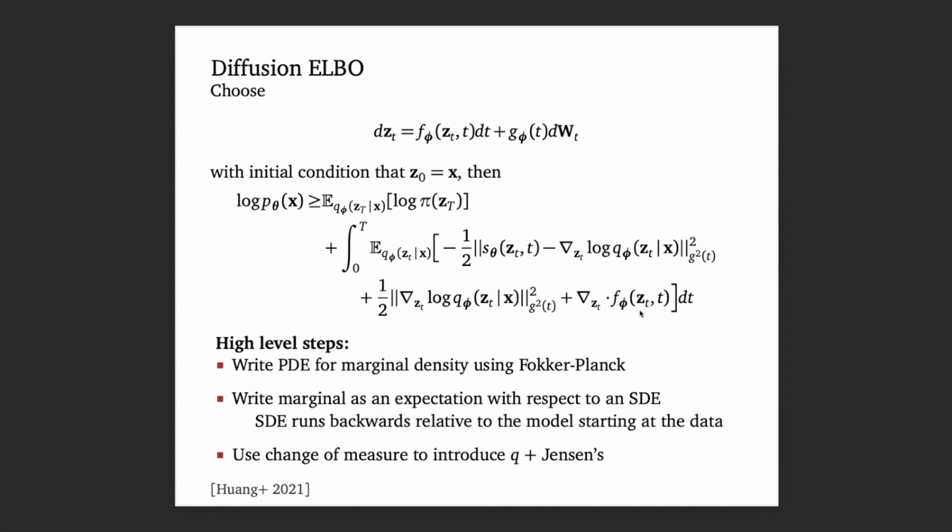And again, computing this expectation over an actual path is difficult. So you're going to use change of measure, introduce another stochastic process Q, and use Jensen's inequality like you do in variational inference. There are a few other steps that are mostly algebra. Choosing the model parameterization appropriately to get a score out is one of those steps. But basically, this is all you need. If you open the textbook, it's maybe 10 lines of math.